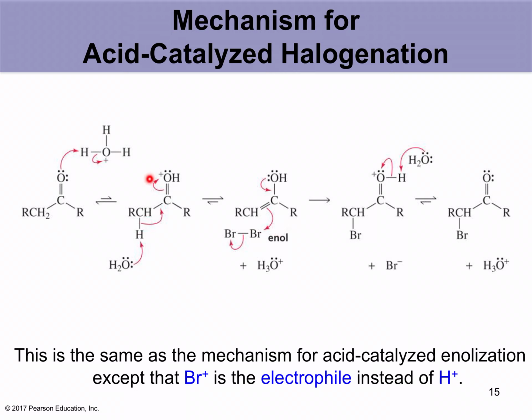Now you know it forms the enol, and then the enol helps to brominate or halogenate the alpha carbon through the mechanism. This is the same as the mechanism for acid catalyzed enolization, except that Br plus is the electrophile instead of H plus.